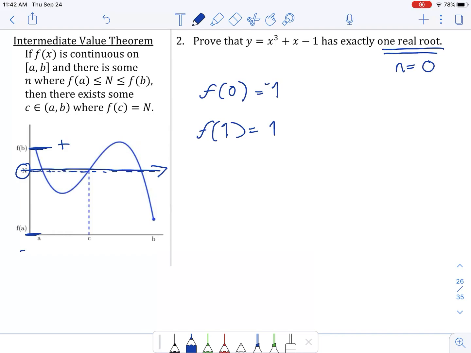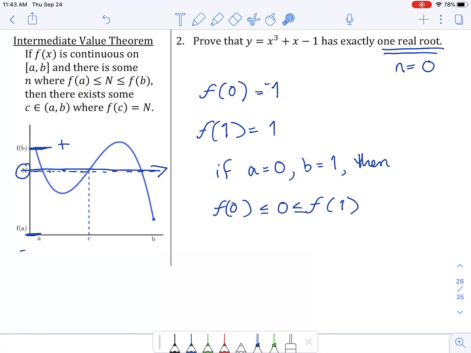So then by the intermediate value theorem, we know since it's a polynomial, it's continuous on every interval. And we can say that if a is equal to 0 and b is equal to 1, those are our a and b values here, then f of 0 is less than 0, which is less than f of 1.